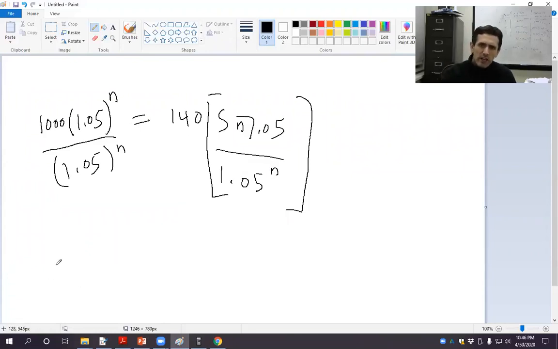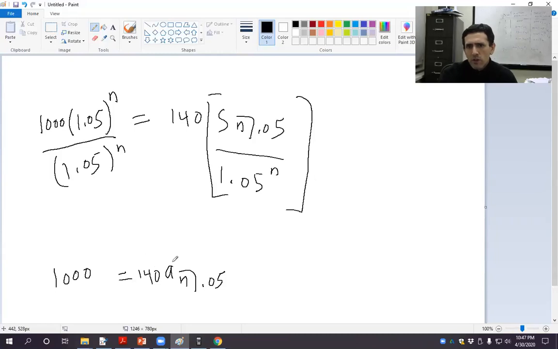So this says that 1,000 is the present value of your revenue after N years.